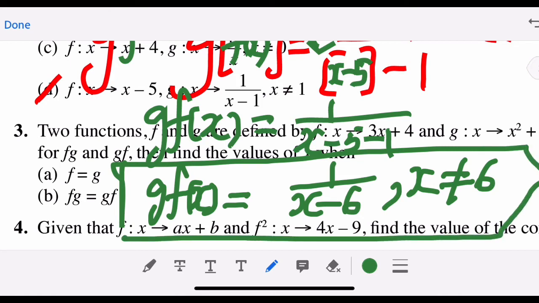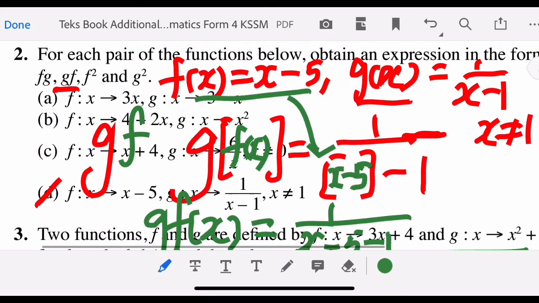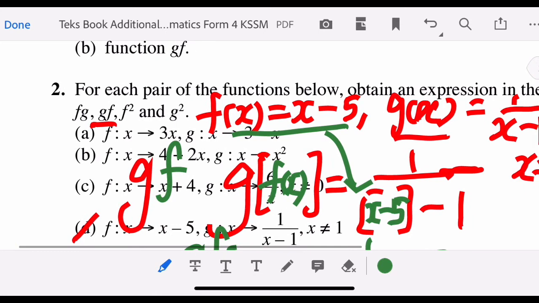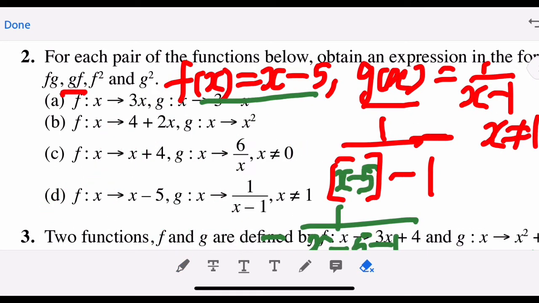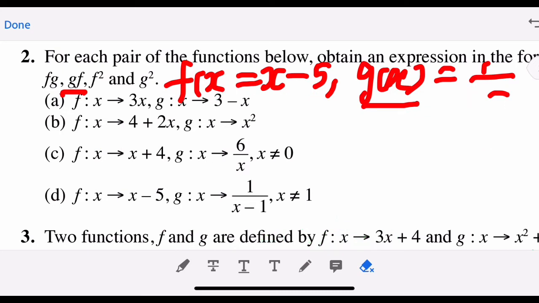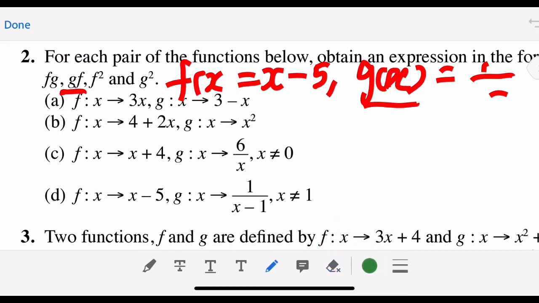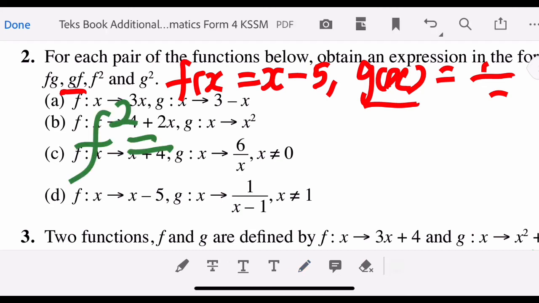Got it? Okay, now I'm going to show you another one, which is f2 and g2, right? Okay, that's about the gf. So now I'm going to do the next one, which is g2 and f2. I think for f2 you are okay, you got no problem, right?